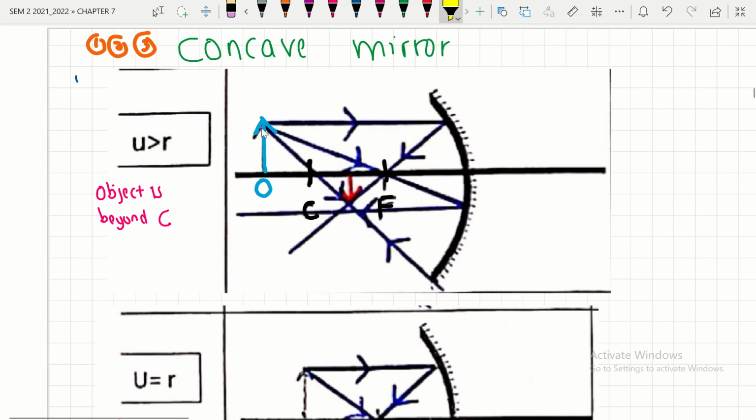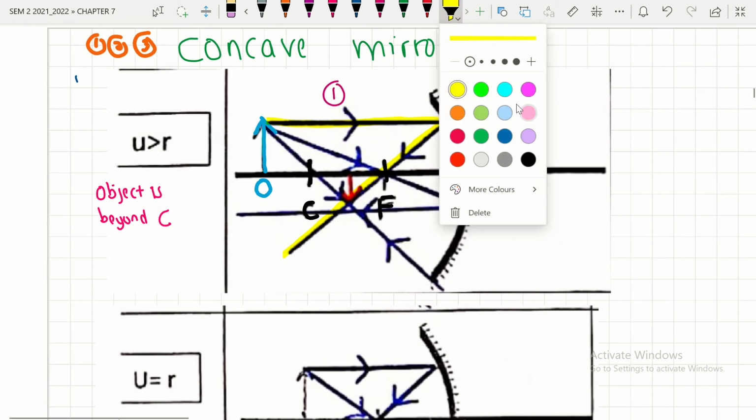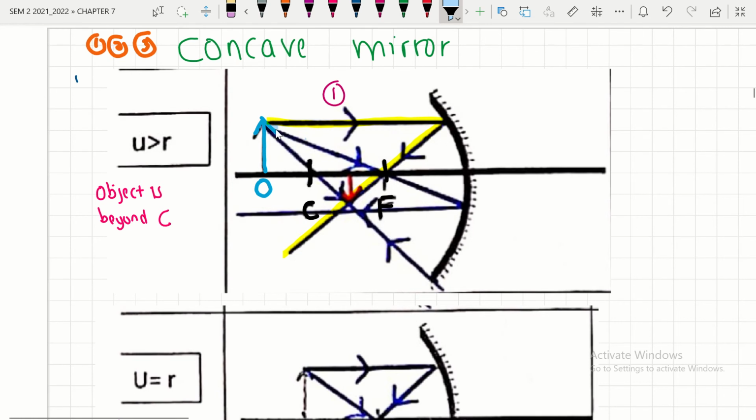Okay, so the first one. Adalah dia, ray diagram kita, dia adalah parallel to the principal axis and dia akan pass through focal point. So this is the first one. Okay, ini yang pertama. Yang kedua, misalnya guna highlighter yang berbeza ya, supaya korang nampak. Yang kedua, dia terus pass through focal point.